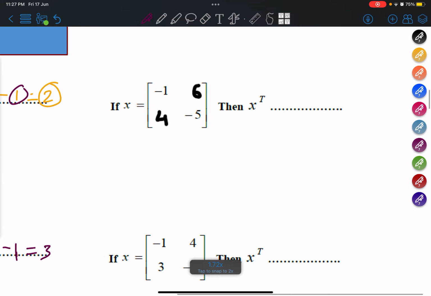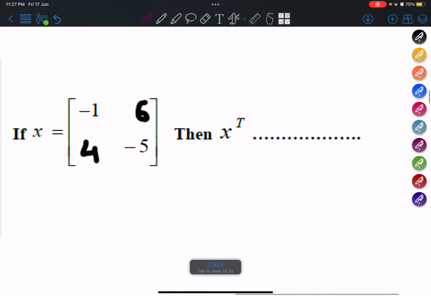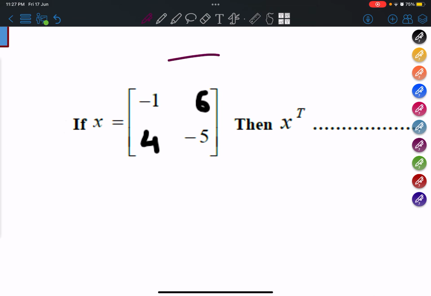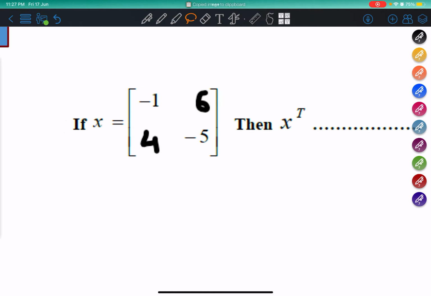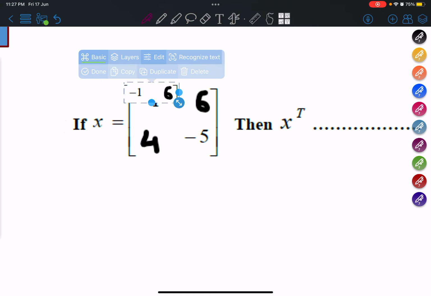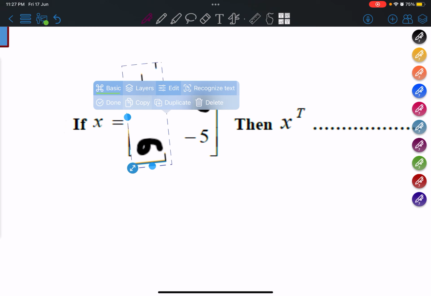Okay, so let's go to this question. If it tells you that this is the matrix of X, then what is X transpose? Basically, what transpose means is that we take a row and we make it into a column. So to show this easily, we can take this row and convert it into a column.